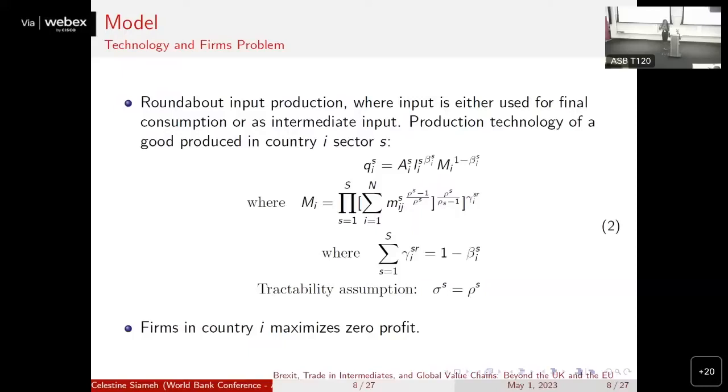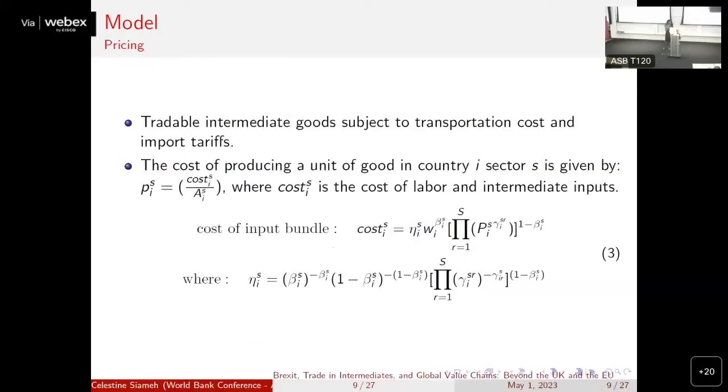These composite intermediate inputs are sourced from all sectors of a country. For the elasticity of substitution, the assumption here is that for consumption and production they are the same.